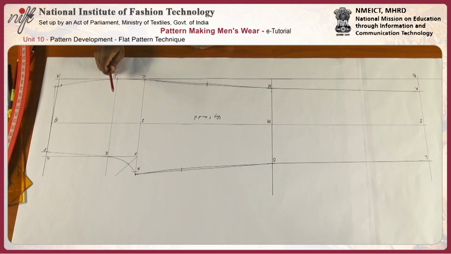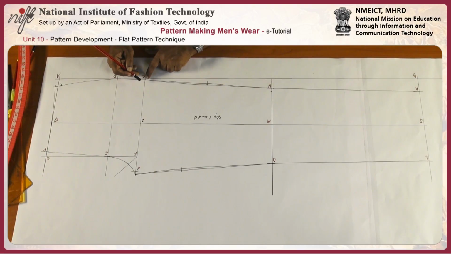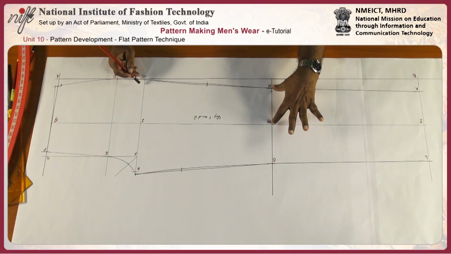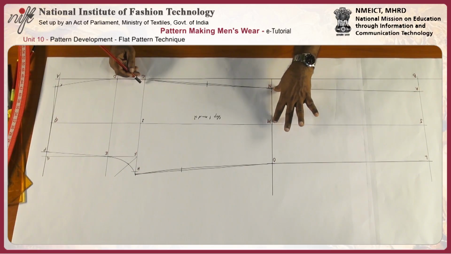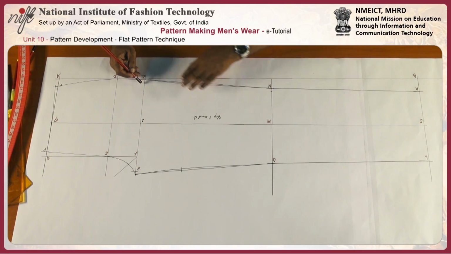Then from C 3 mm, then connect C and K. Before connecting, we measured the knee measurement, that's 11 centimeter on either side, marked N and O, then connected with the straight line.